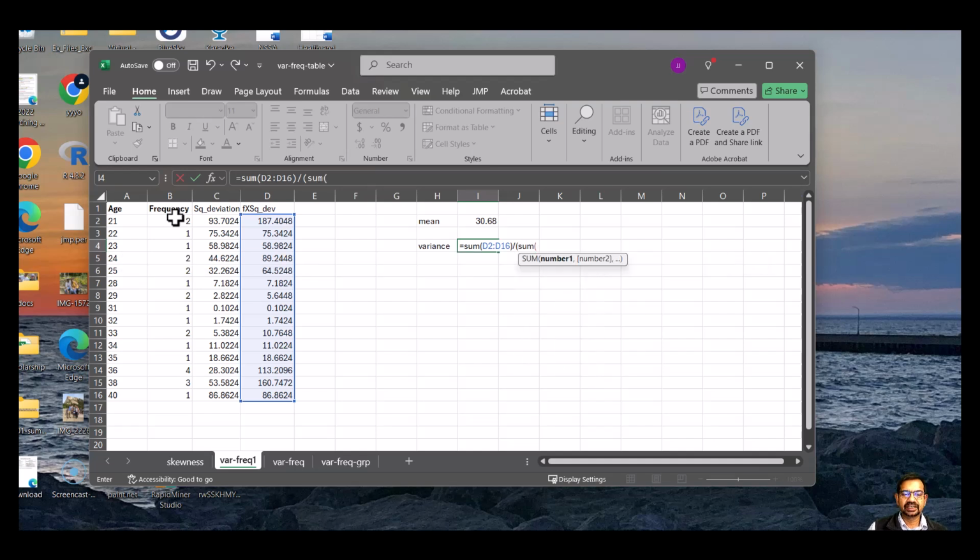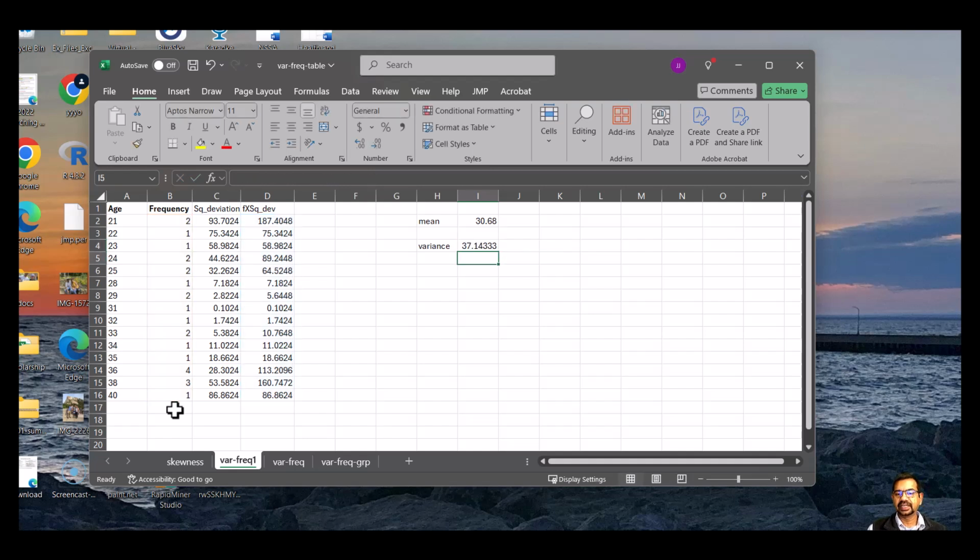I could have done that initially. So this gives me how many data points I have in my overall data, then minus 1. Then we get the variance. So our variance is 37.14333. So our age variance is 37.14333, and our mean is 30.68.